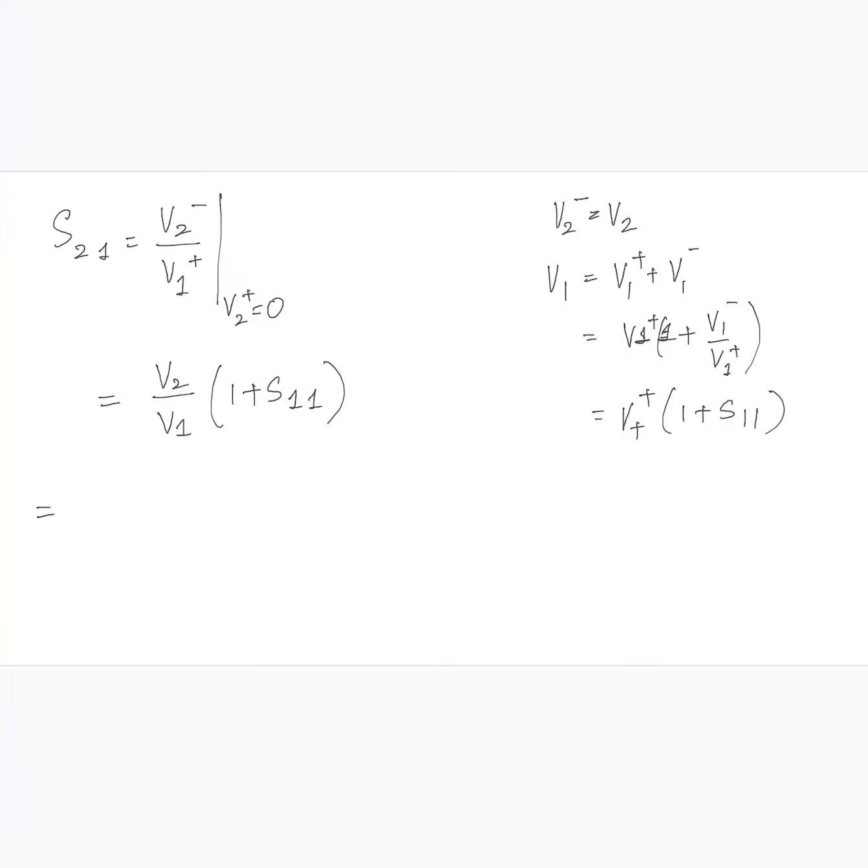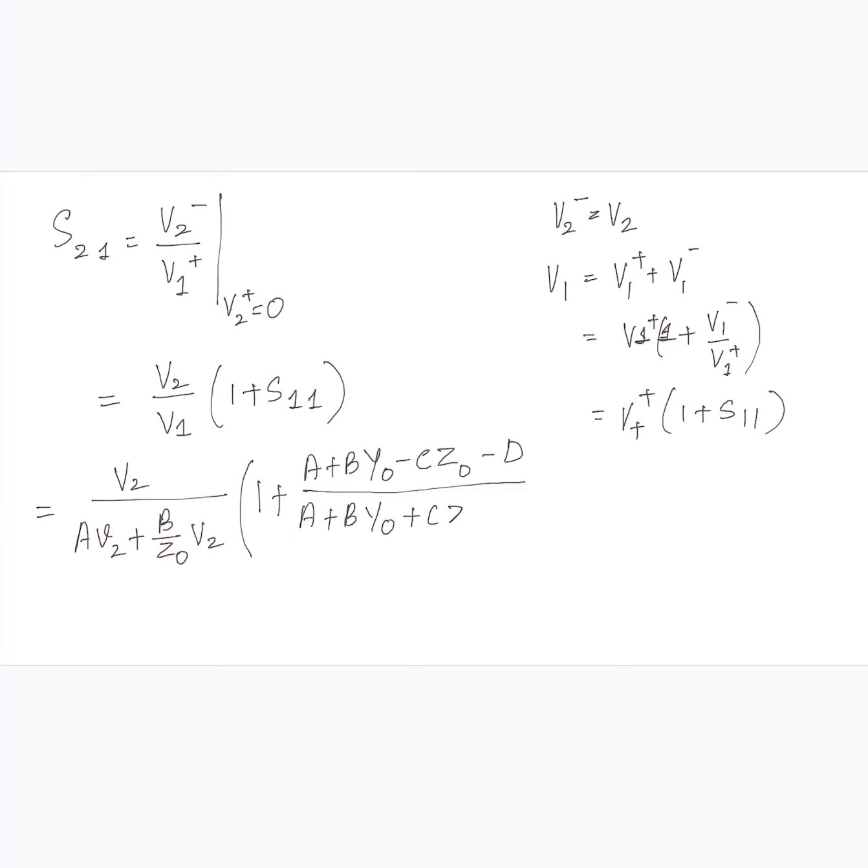This will be equal to V2 by A into V2 plus B by Z0 into V2, into 1 plus S11, where S11 is written as A plus B Y0 minus C Z0 minus D divided by A plus B Y0 plus C Z0 plus D. So this can be written as 1 by A plus B by Z0 into, once you cross multiply this, some of the terms will get cancelled, and what is remaining will be 2A plus 2B into Y0, rest all will get cancelled, divided by A plus B Y0 plus C Z0 plus D, which we have denoted as delta.